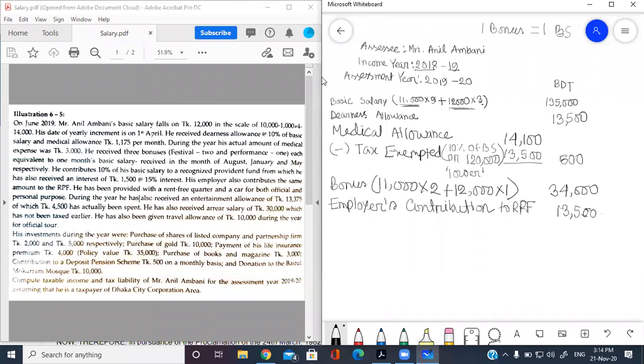Now, if I ask you, if it was unrecognized provident fund, in that case, would the calculation we just added come here?